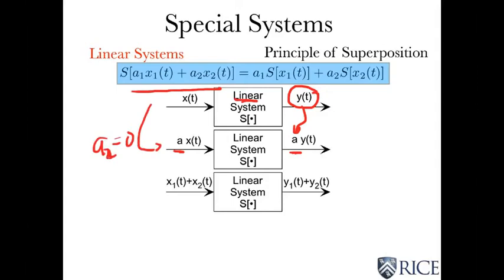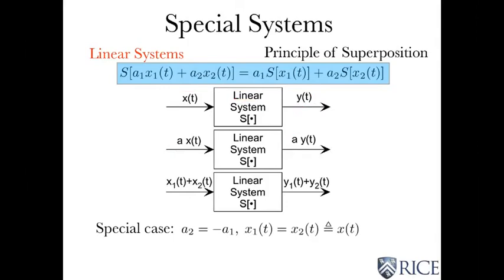Okay, then the other case is just as I described in some detail. If you just decompose a signal into a sum, the system's output to that sum is the sum of the outputs to each. So that goes just to the detail of what we said before. But this result, turns out, has a very interesting consequence. So let's consider a special case. A2 is the negative of A1.